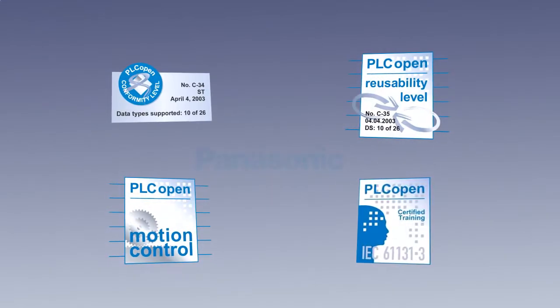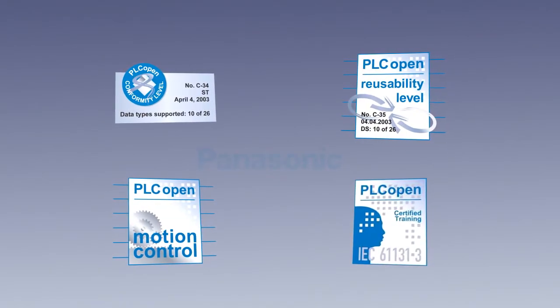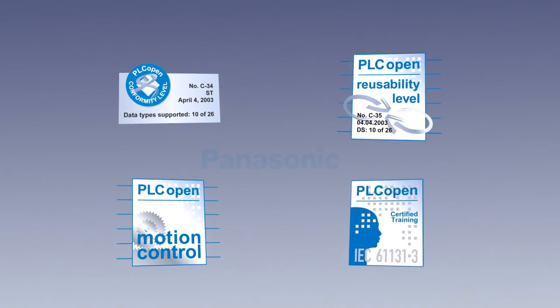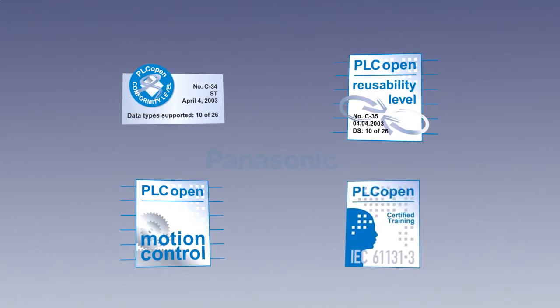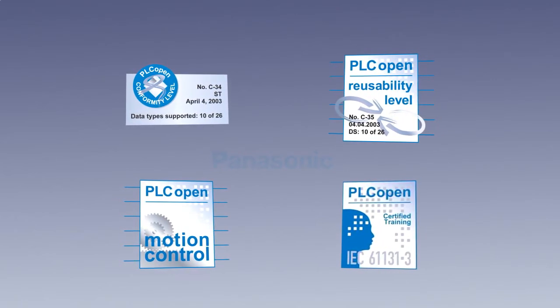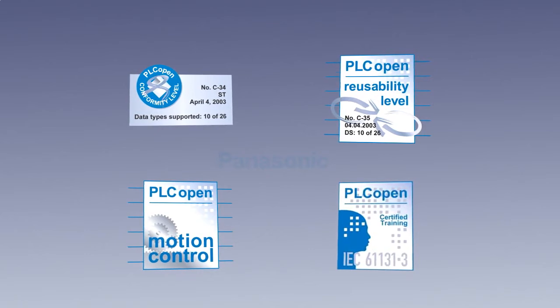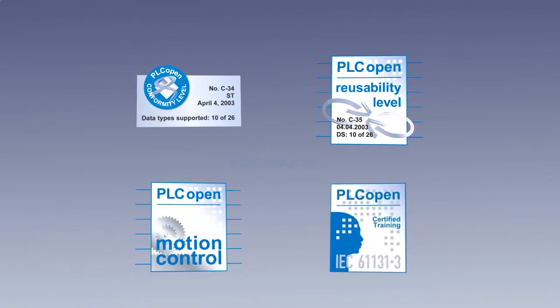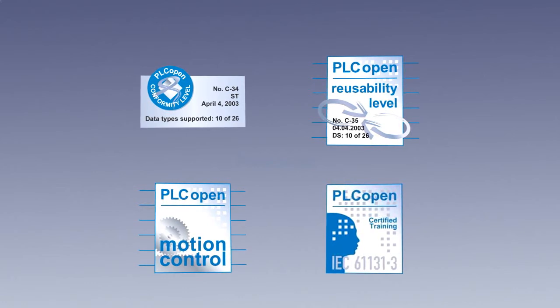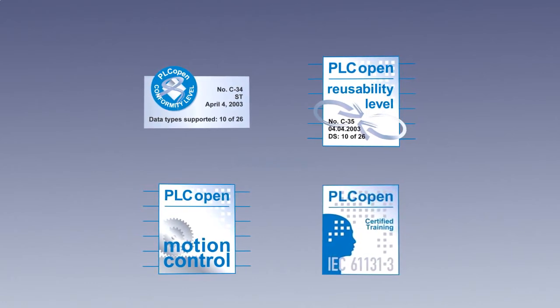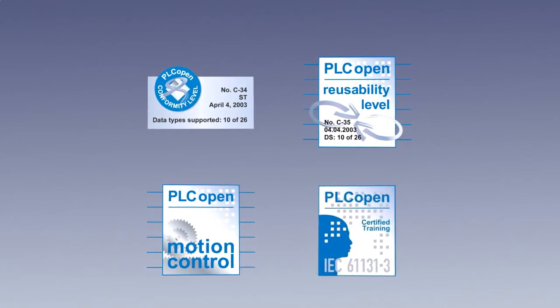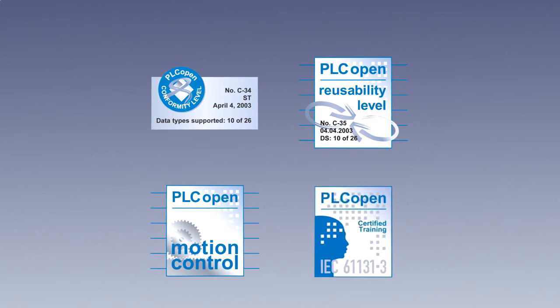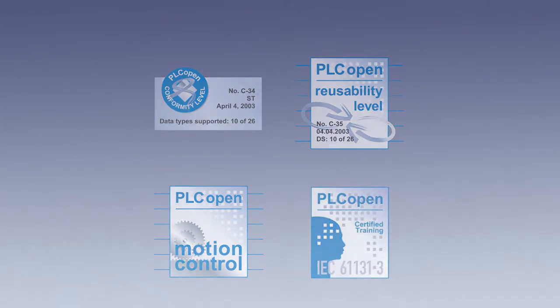FPWINPro has already received several certificates from PLC Open: the conformity level, the reusability level, the motion control library, the training certificate. The training certificate, for example, indicates that Panasonic Electric Works trains users according to IEC 61131 and PLC Open.